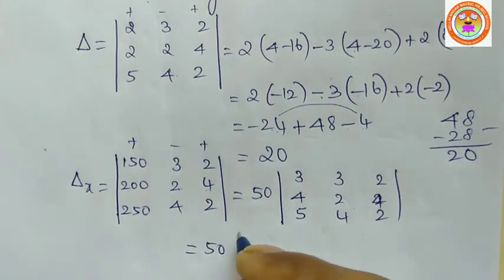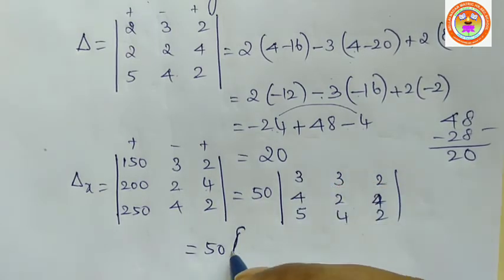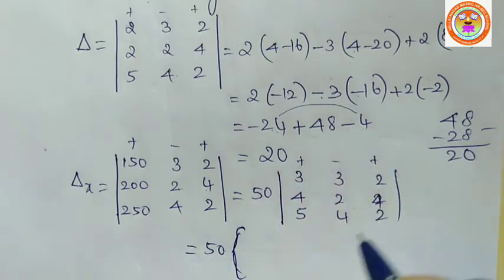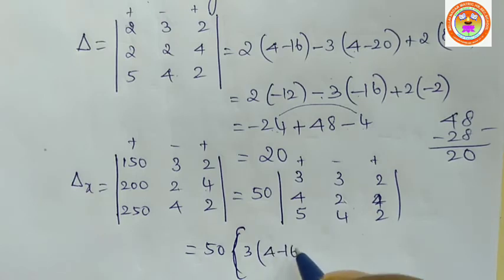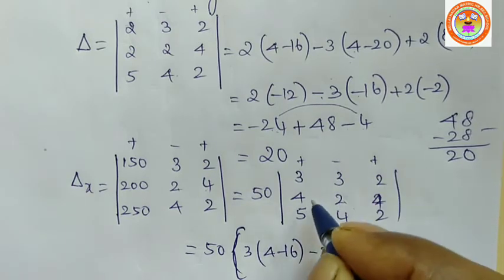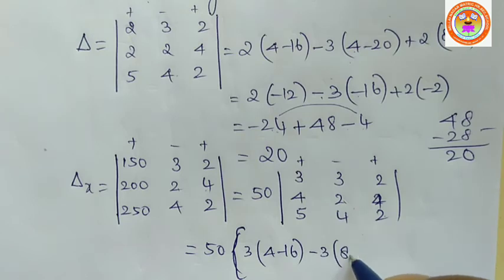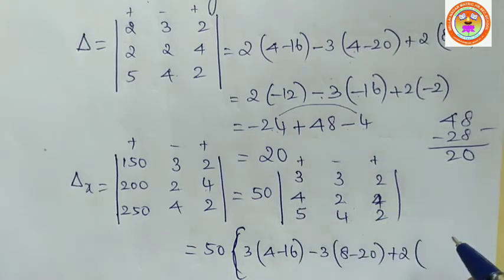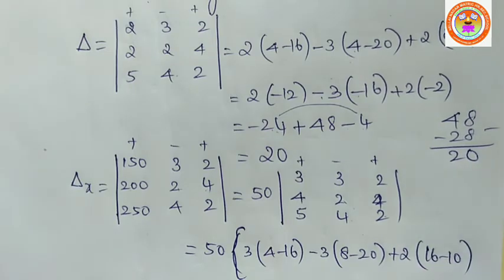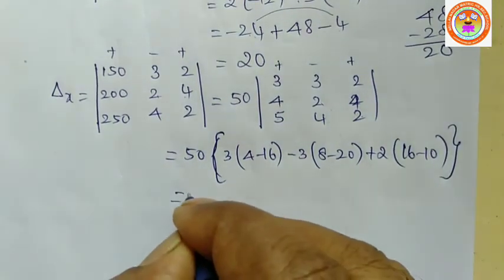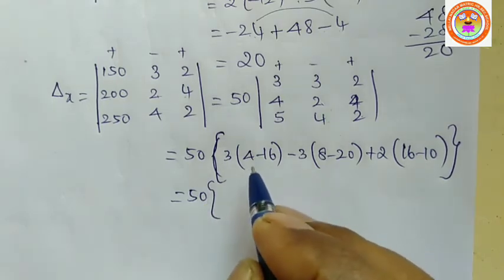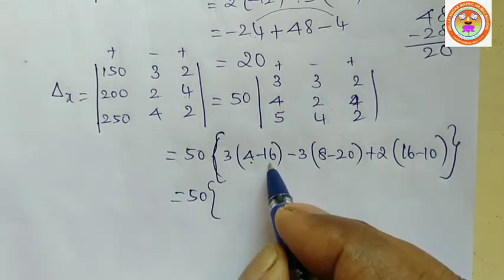So 50 into plus minus plus, 3 into 4 minus 16, minus 3 into 8 minus 20, plus 2 into 16 minus 10. That is 50 into 4 minus 16 is minus 12.